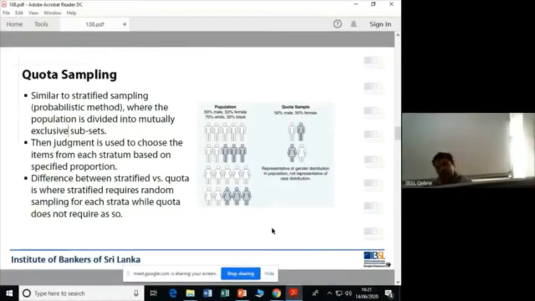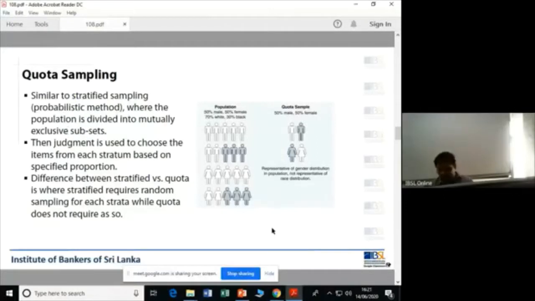And similarly, select one black and one white from the female population. There you have a nice sample of 4 out of the 20, where a quota is given to each of these strata or each of these buckets or subsets based on your knowledge. Okay.